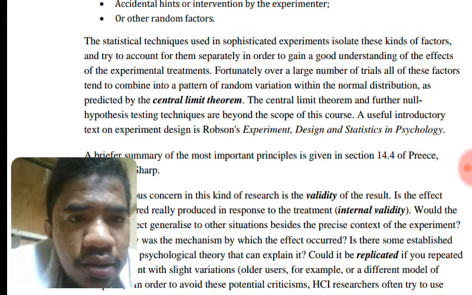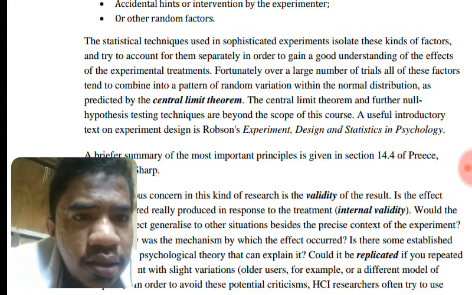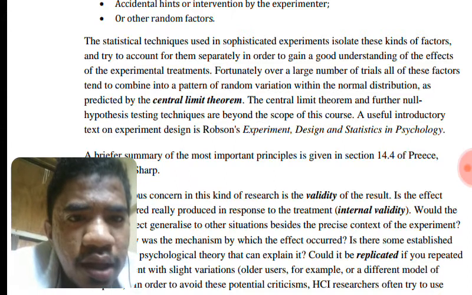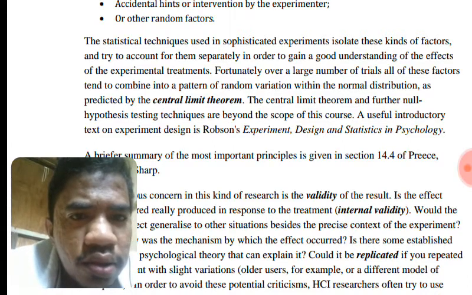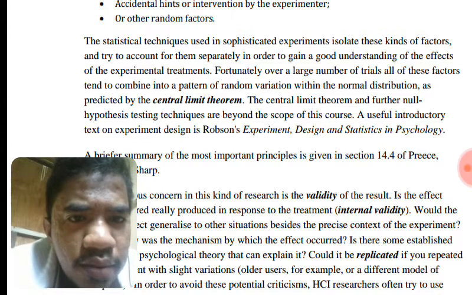The statistical techniques used in sophisticated experiments isolate these kinds of factors and try to account for them separately in order to gain a good understanding of the effect of the experimental treatment. Fortunately, over a large number of trials, all of these factors tend to combine into a pattern of random variation within the normal distribution, as predicted by the central limit theorem.